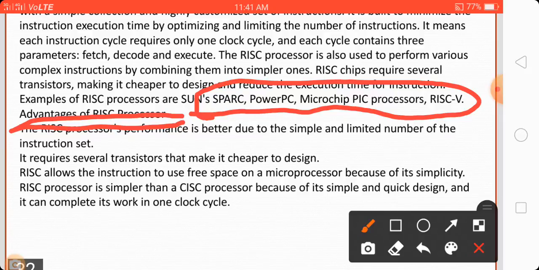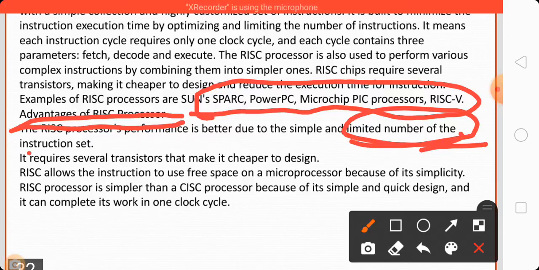This means RISC processor architecture is better than the CISC processor architecture because it uses a simple design and a limited number of instructions. That's why its performance is better than the CISC processor.